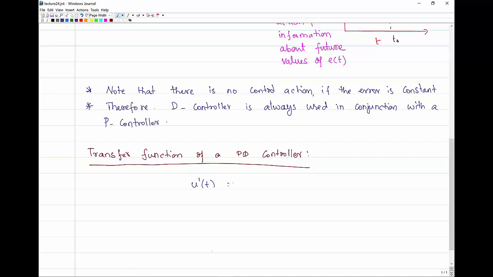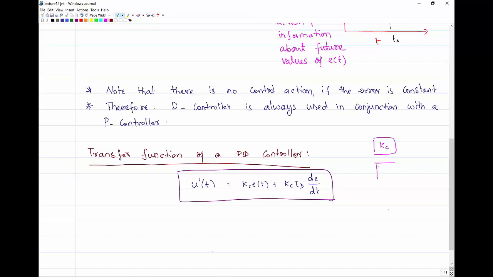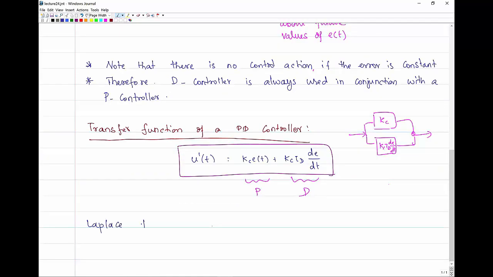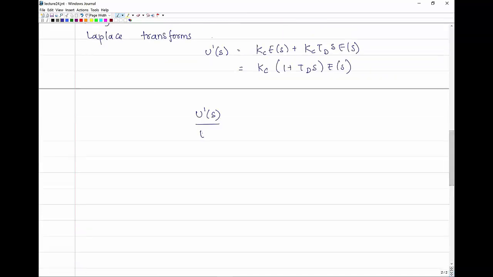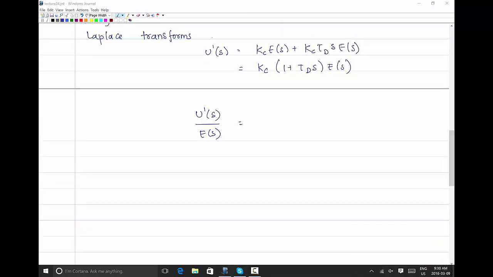Now, given the differential equation that represents the derivative controller, we can derive a corresponding transfer function. So for instance, we can put together the proportional and derivative actions and create a PD controller as follows. Applying Laplace transforms, we can derive a transfer function for a PD controller, which turns out to be Kc times 1 plus tau ds.